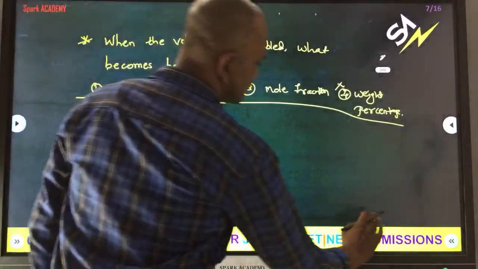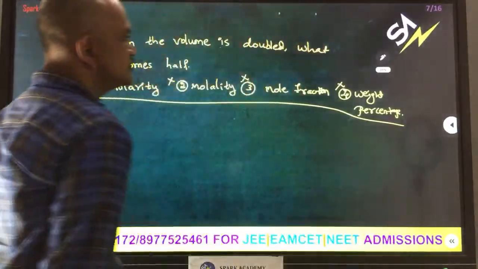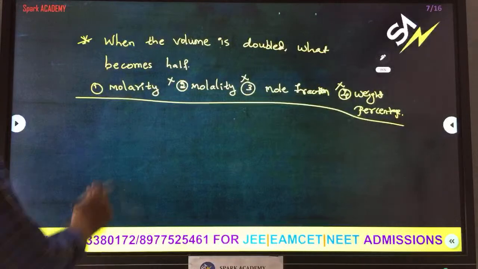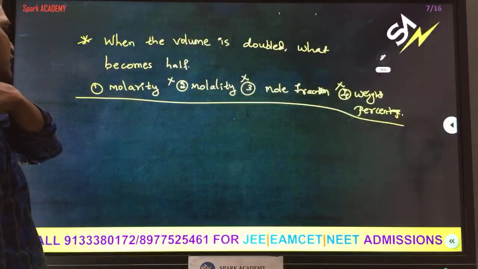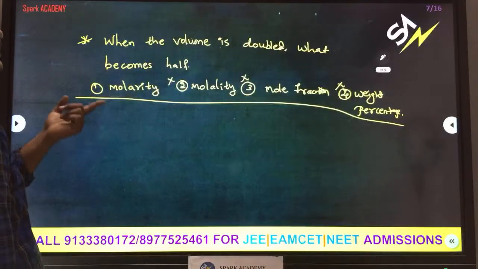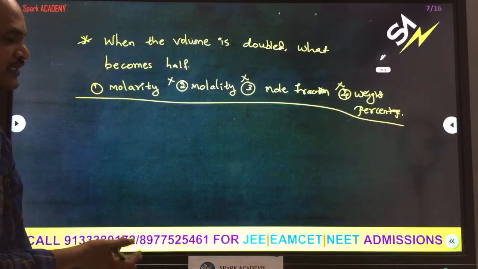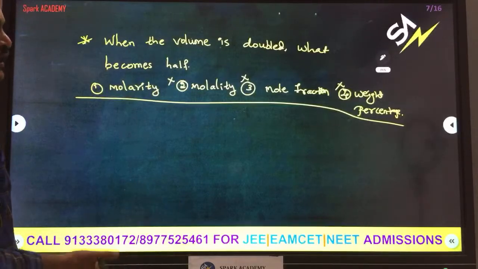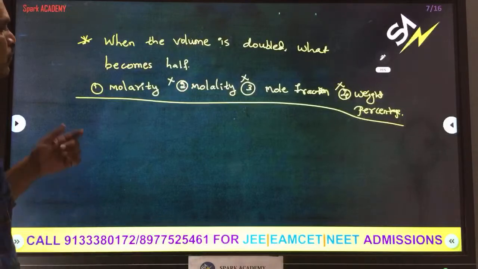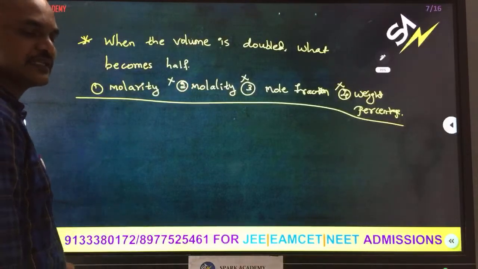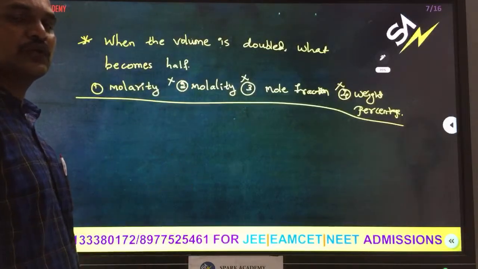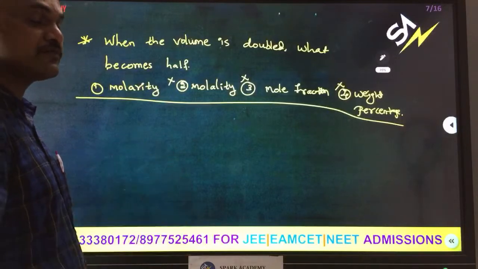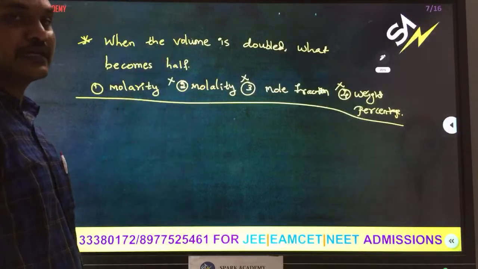Listen. First one, molarity is there. Molarity, that definition we know already, we just discussed this one, and the formula also we know. Molarity is nothing but the number of moles of solute by volume of solution in liters.